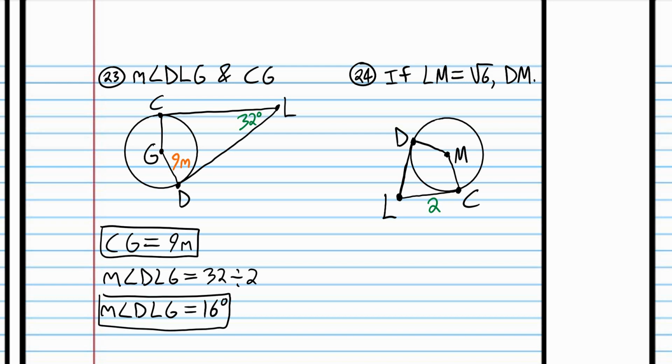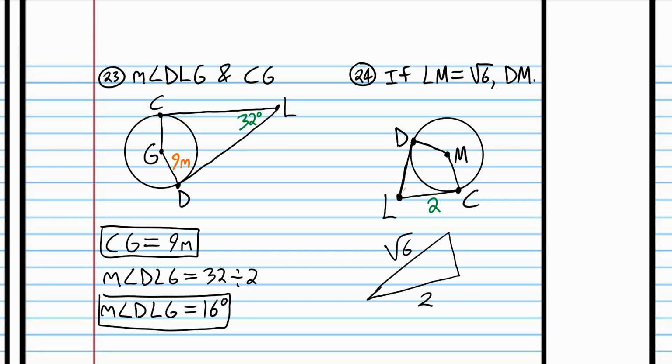So we know LM is root 6. So I'm just taking this bottom triangle out. If I draw the diagonal, I'm taking this triangle out and drawing it here. And we know that this side is 2, and we're looking for DM.